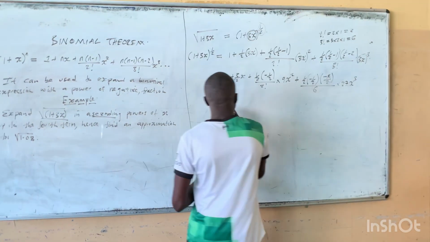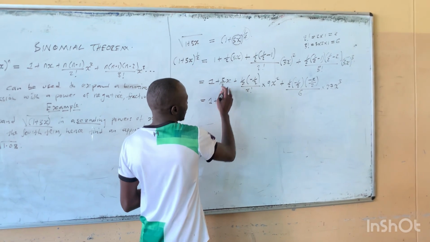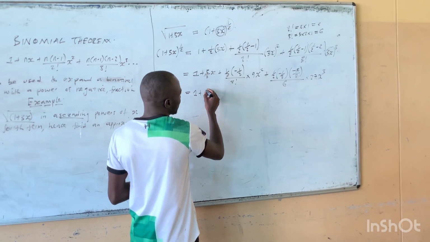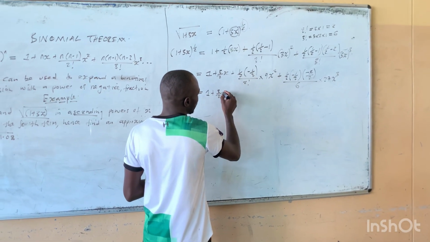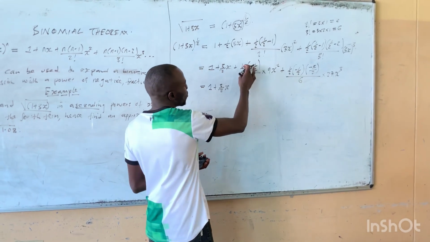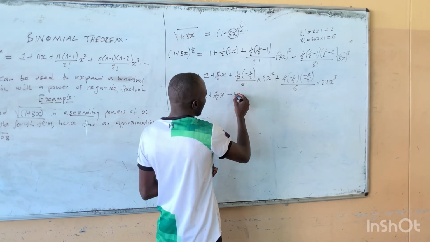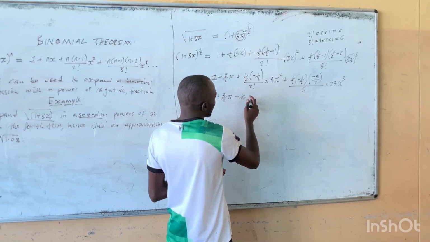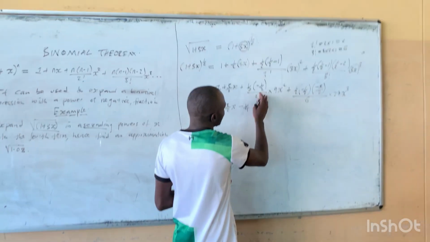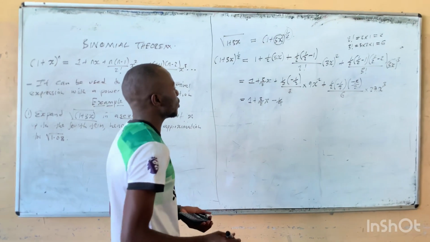So now, this is equal to 1 plus, writing that one the way it is, 3 over 2x. When you multiply those, you get negative 1 over 4. Where there is 2 factorial, we are putting 2, as we discussed on how we get 2.